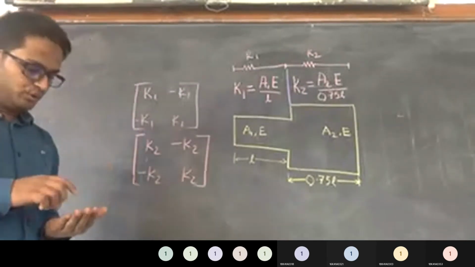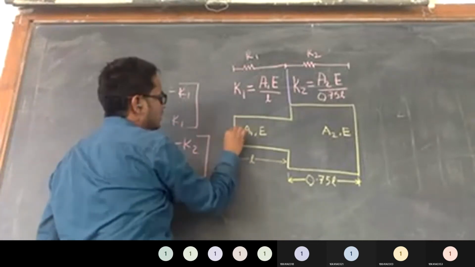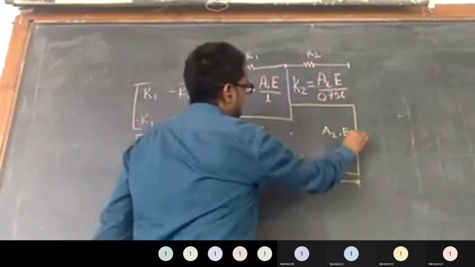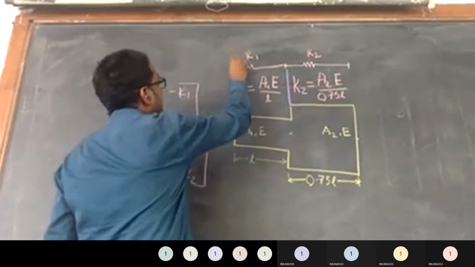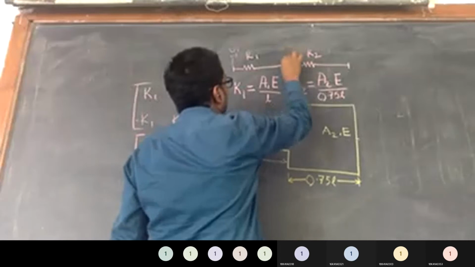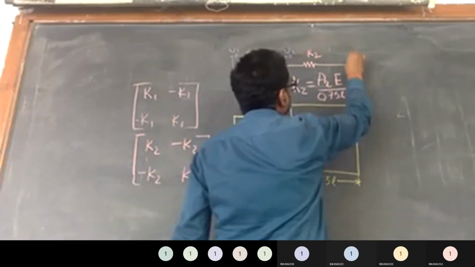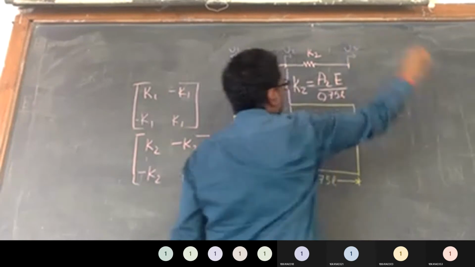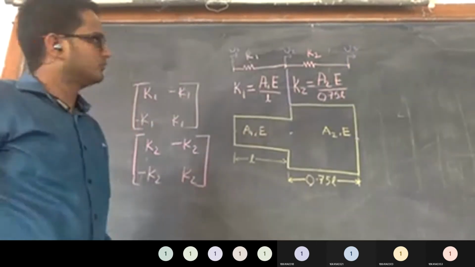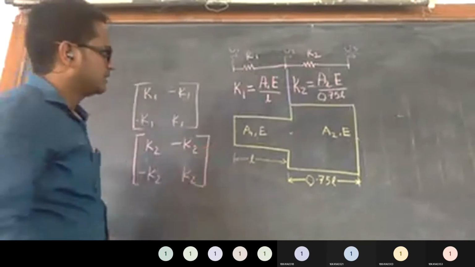It is well known to everyone. By doing this, you can easily calculate the nodal displacements at 1, 2 and 3. For these nodes you have U1, U2, U3.